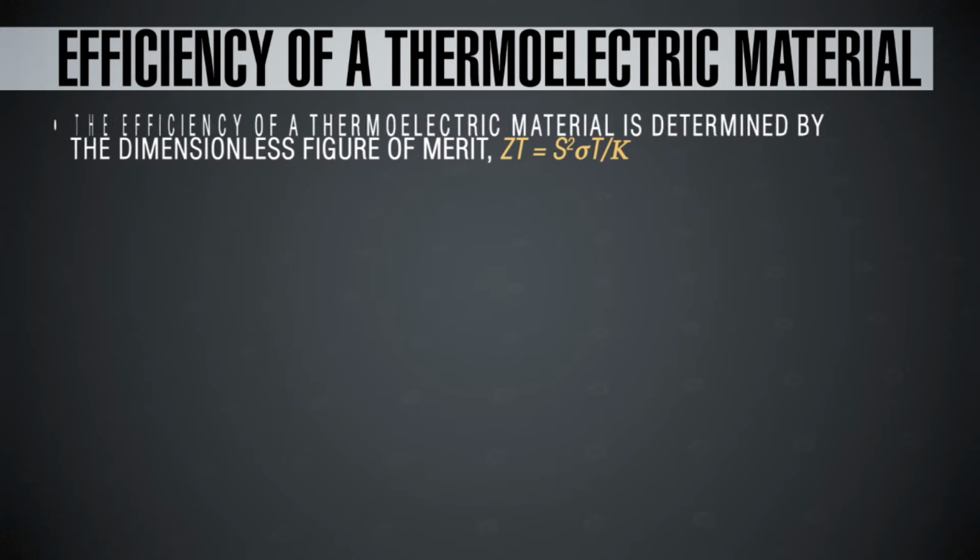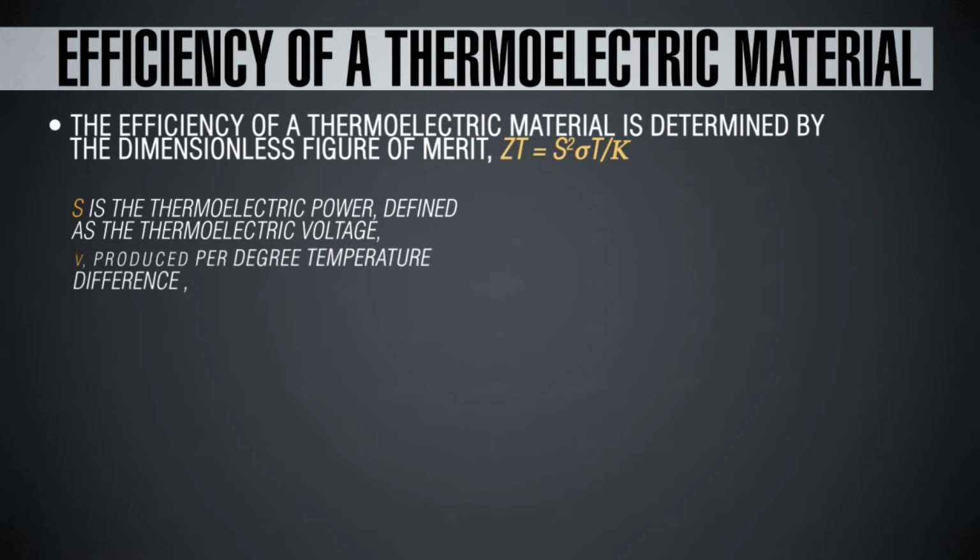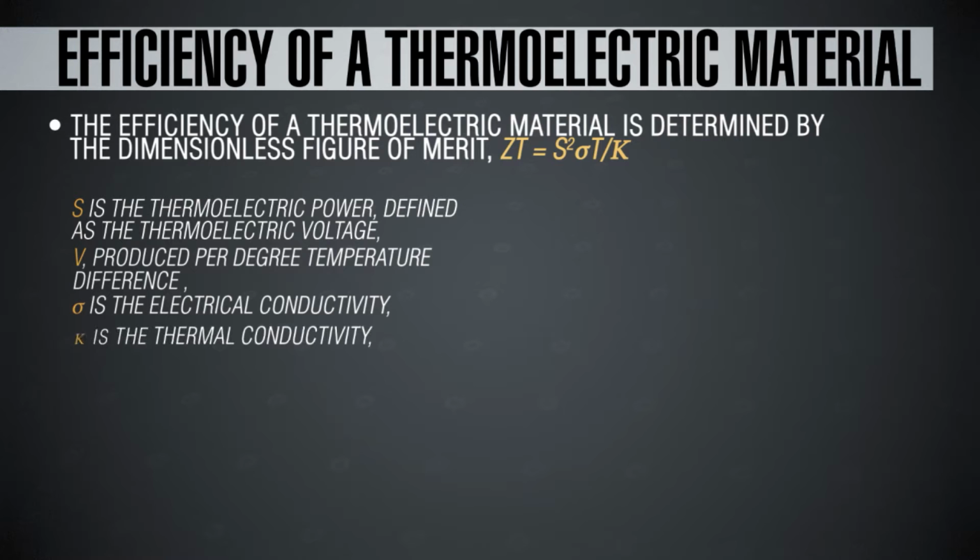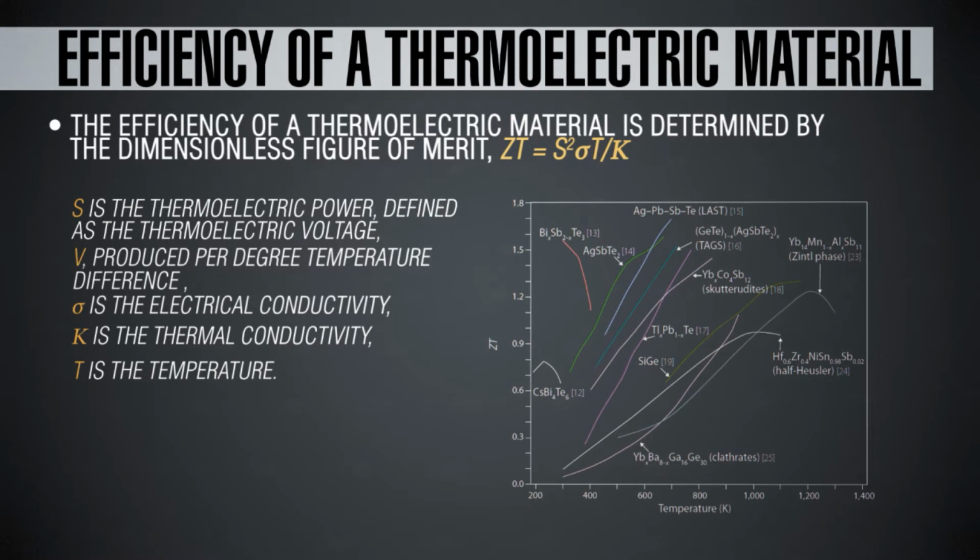There are a number of thermoelectric materials. Most of them are tellurides, such as bismuth telluride, zinc telluride, cadmium telluride, and then even silicon and germanium. The efficiency of a thermoelectric material is defined by a coefficient called ZT, and the ZT depends on the Seebeck coefficient, which I mentioned, and it's directly proportional to the electrical conductivity, and inversely proportional to the thermal conductivity of the material.